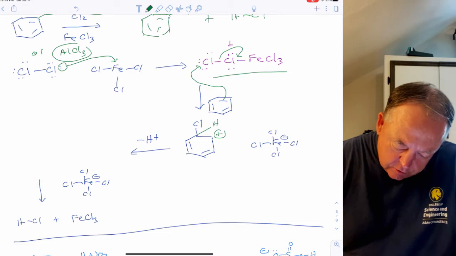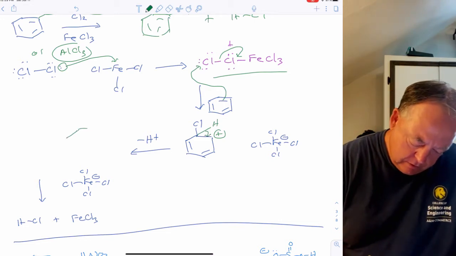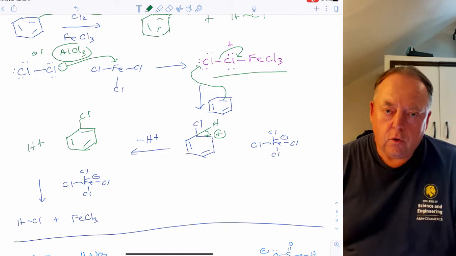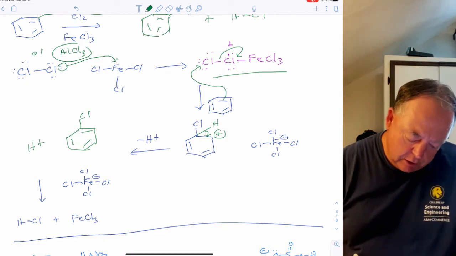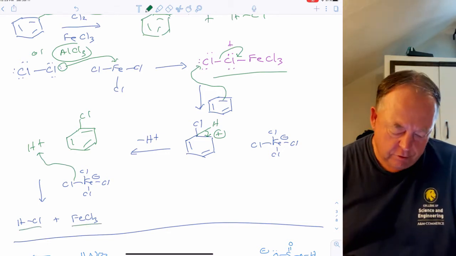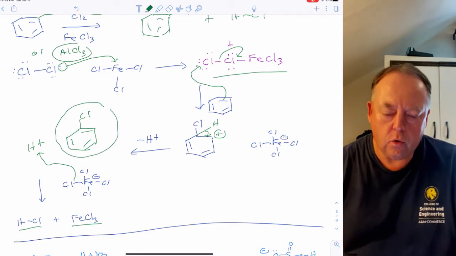So take those 2 electrons and remake your benzene ring. Now you have chlorobenzene, and the H plus that you lost will react with the FeCl4 minus to make HCl and FeCl3. Of course, what we're interested in is the organic product, the chlorobenzene.